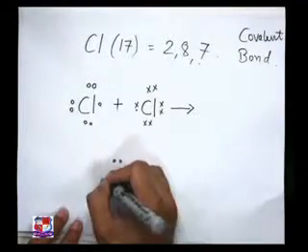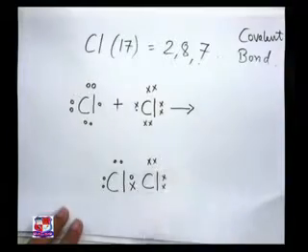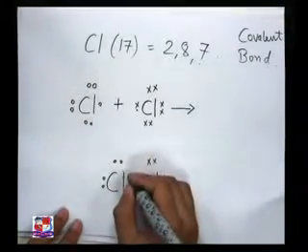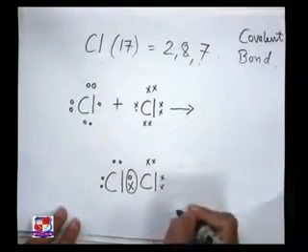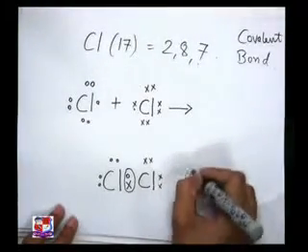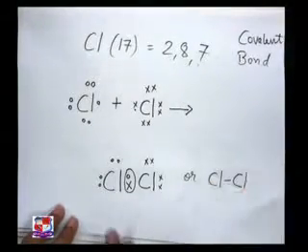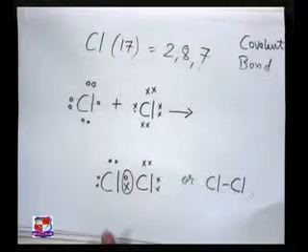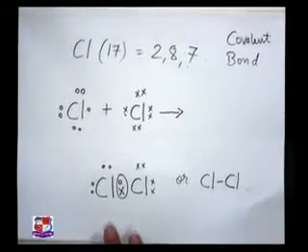So you can write here. Clear? So as this chlorine is sharing only one electron pair, what happens? There is only a single bond formation between two chlorine atoms. Clear? So this is the example of the chlorine molecule.